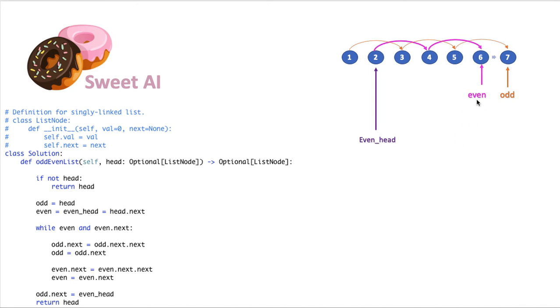And we keep iterating until we get to the point that the even index is pointing to None, because after this is None, right? So this is going to point at None here, right? We're going to point even to None, and we are going to check the condition again.